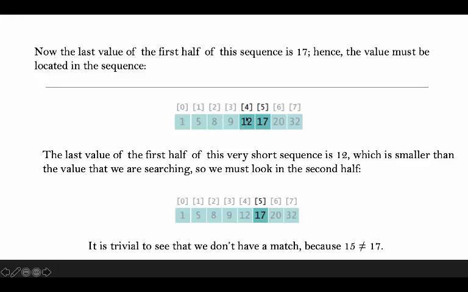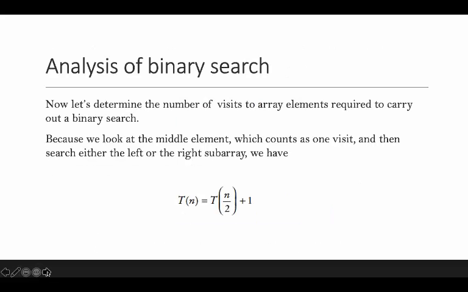Again, if you are partitioning, this will be the mid, and it is greater than 12 and less than 17. So there is no match. 15 is not equal to 17 in the second half also. So the search is unsuccessful. 15 is not available in the array.